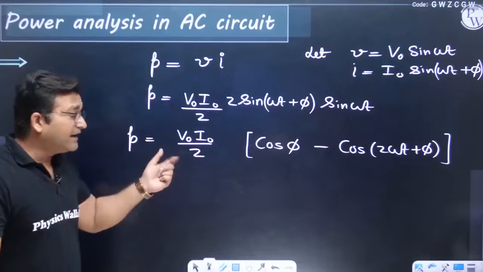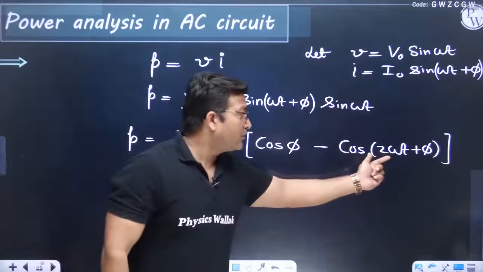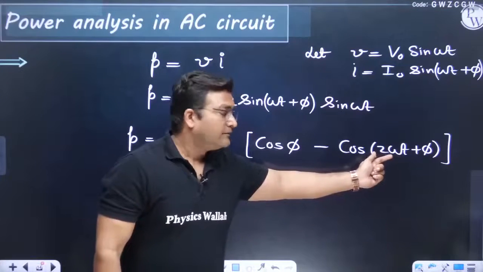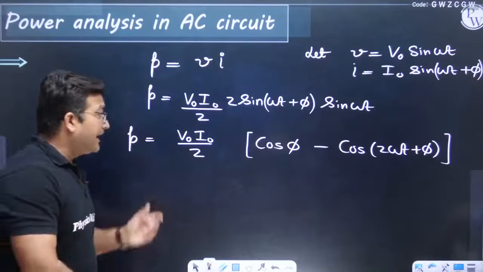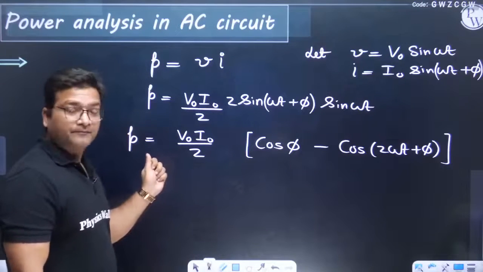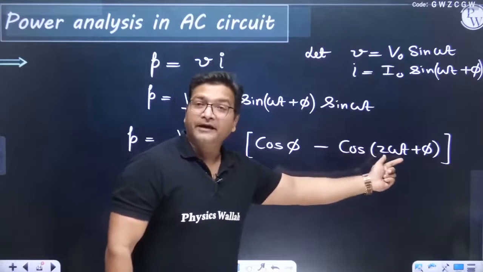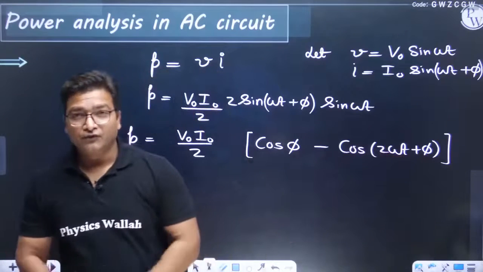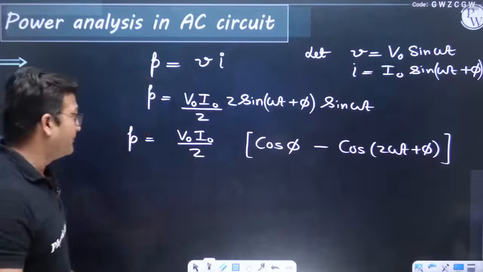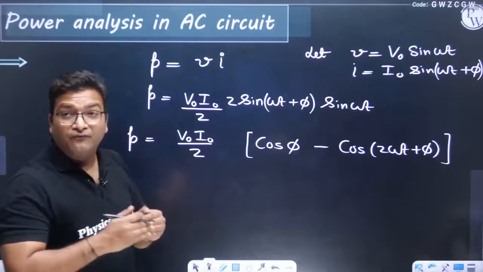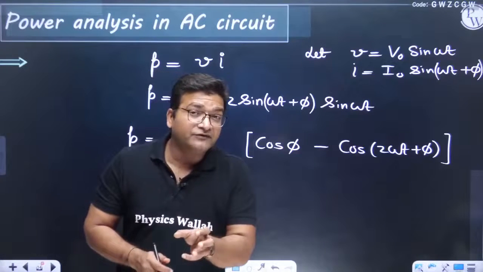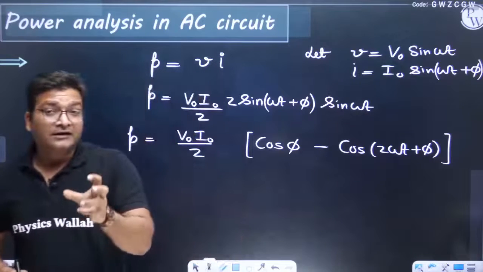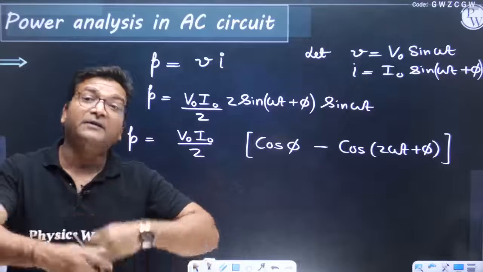And the only variable term here is cos 2 omega t. You can notice that the angular frequency of power is not omega, it is 2 omega. So we must remember this thing from here, that if the angular frequency of voltage and current is omega, the angular frequency of power will be doubled.